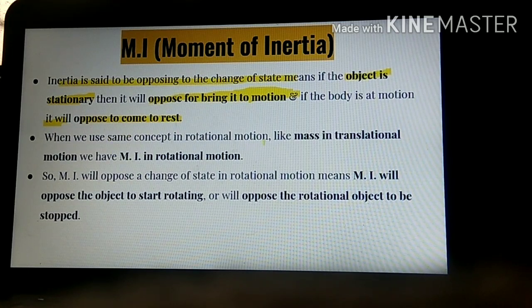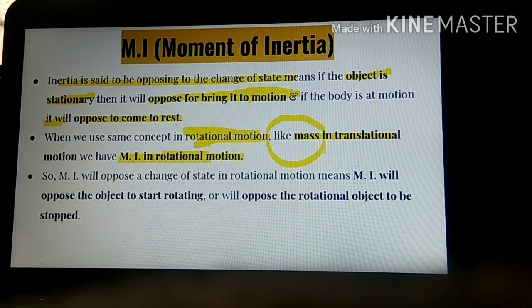We use the same concept in case of rotational motion. Like mass in translational motion, moment of inertia is in rotational motion. Mass was opposing the object in case of translational motion. Similarly, whenever the object is rotating, moment of inertia tries to do the same.